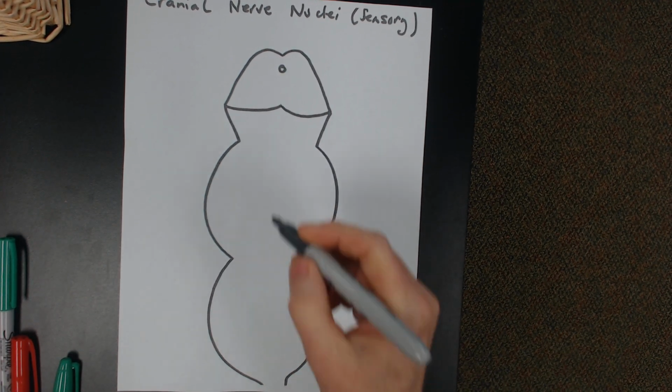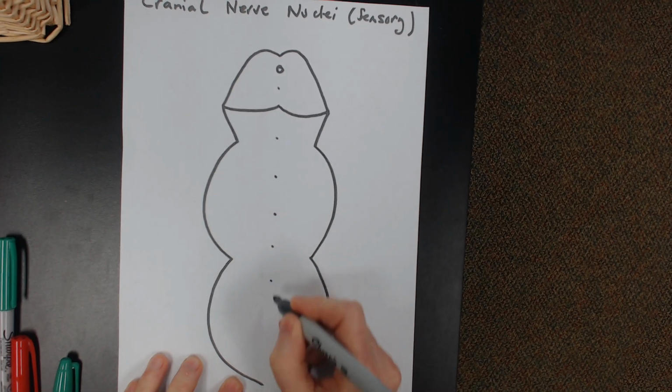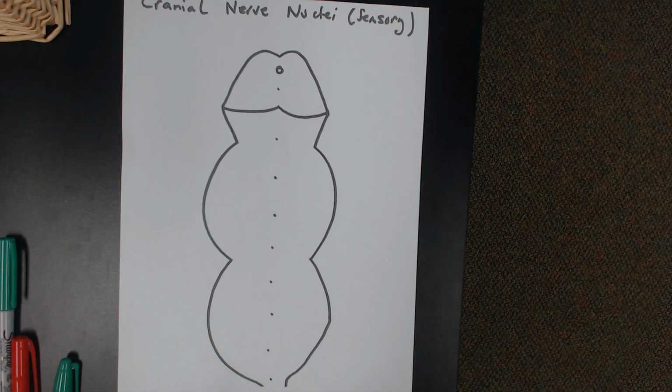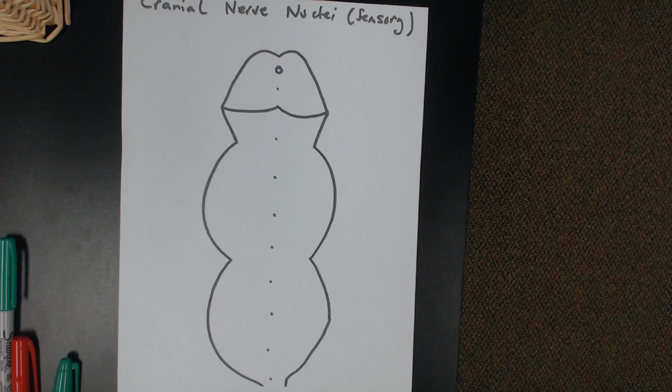Go ahead and put down my midline before I forget. Some of the cranial nerves are going to have purely sensory function, and some are going to have mixed function. So let's talk about any cranial nerve that has general sensation associated with it.